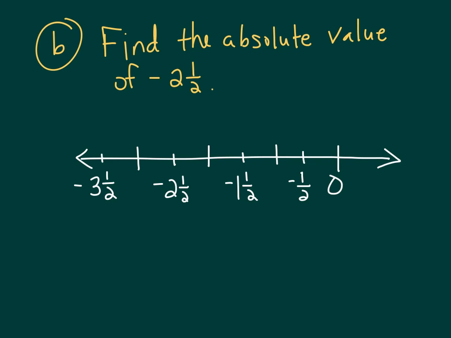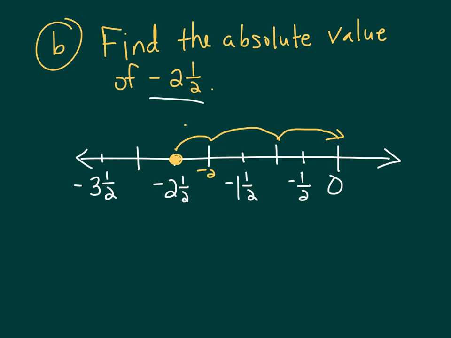For example 2, we're looking for the absolute value of -2.5. And again, we're going to start by using a number line. And this time I set my number line up to go still by -1, -2, -3, but I also included the half marks on there. So those are the ones actually labeled just to make it a little easier to see. But -2.5 would be right here. And again, I'm finding my distance to 0. So here I would be halfway at -2, and then it would be up to the -1, and then to the 0.